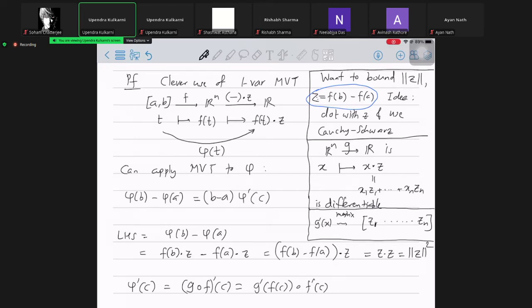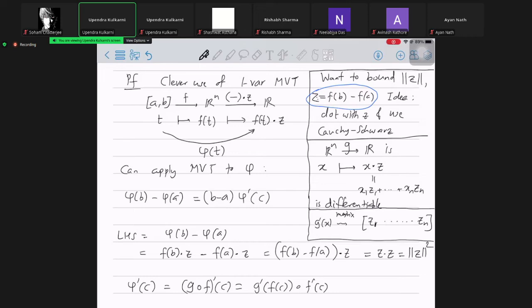What is the derivative of a linear map at any point? The map itself. That's what I've written down. The matrix of this map, when I write down this dotting, is really dotting with the vector Z. But if I want to write it as a composition, then I need to write it as a row because it needs to be a matrix product.